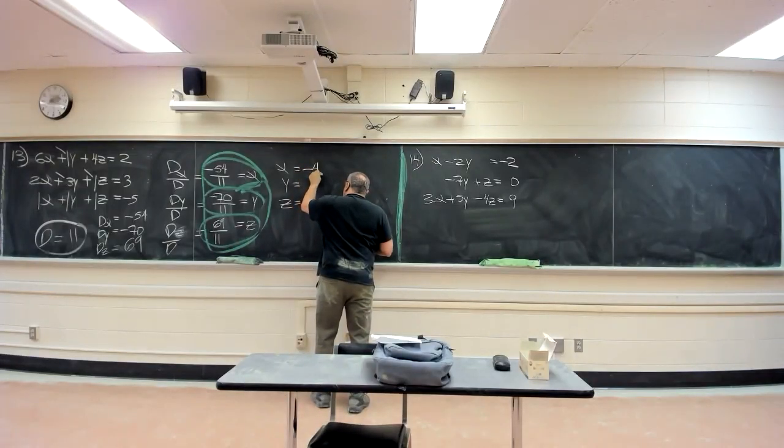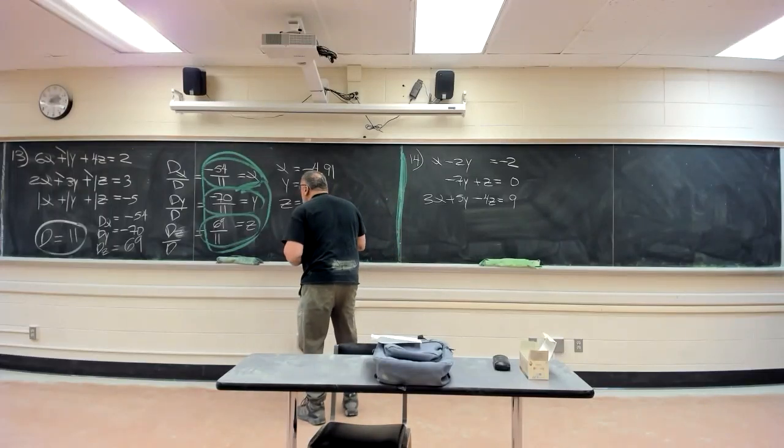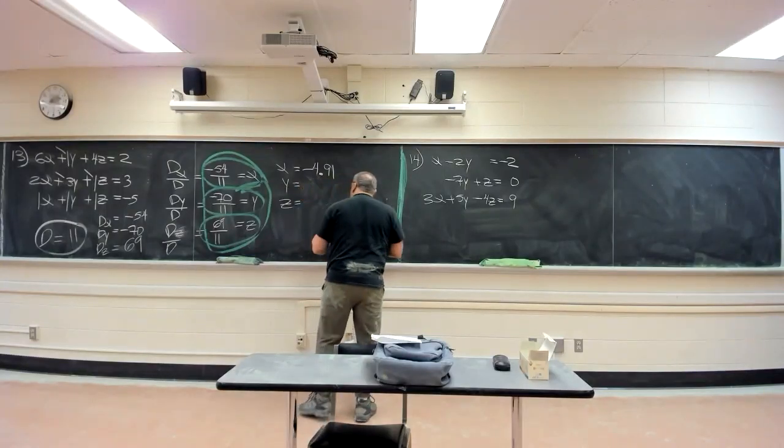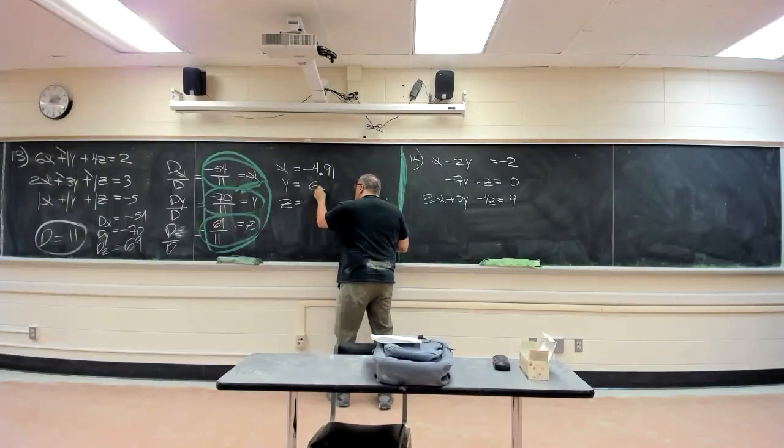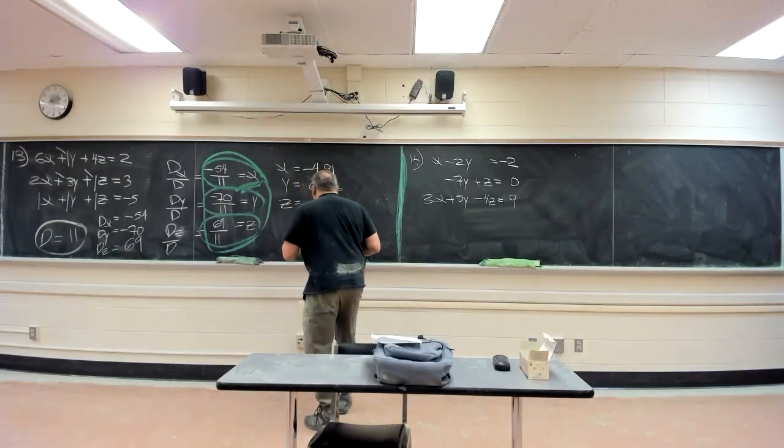Negative 4.91, a round off there. .36, that's a negative.